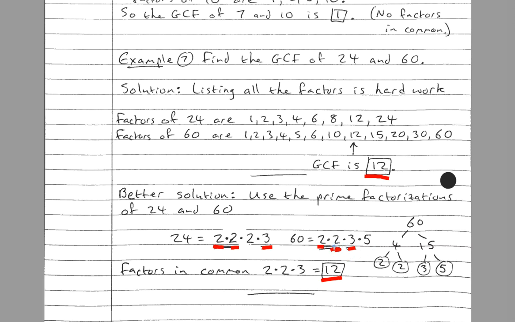So yes, 12 is the common piece. That's the greatest common factor. And you can see there are other common factors, smaller common factors. So there's 2 times 3, or 2 times 2.